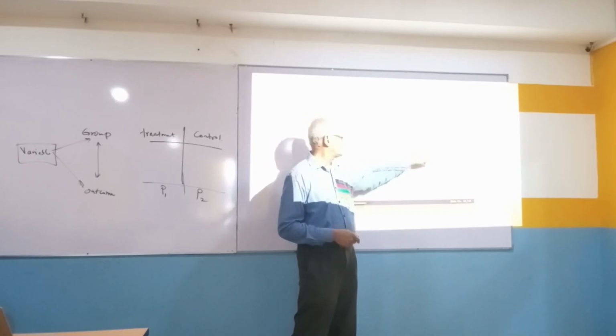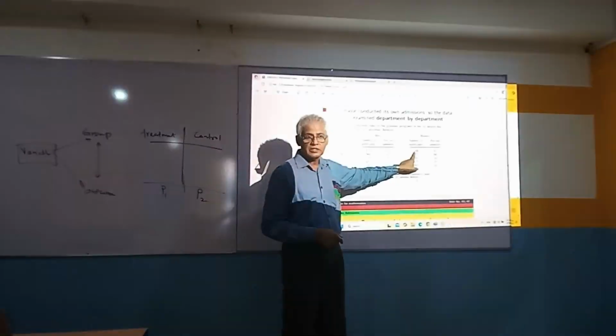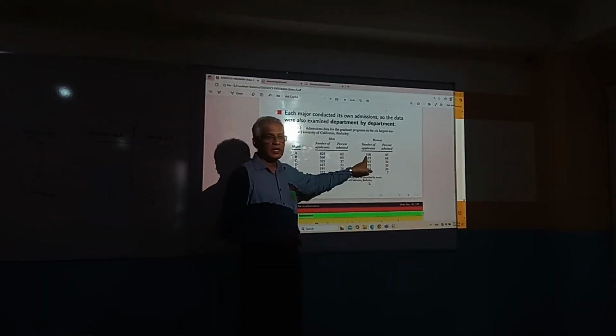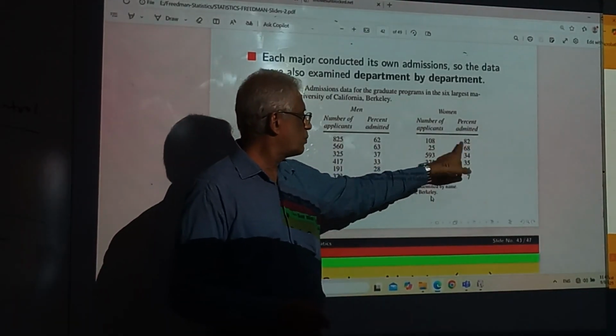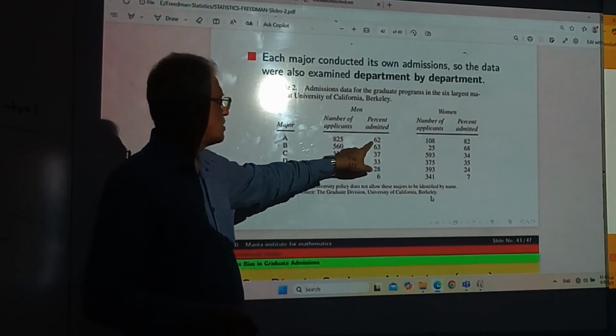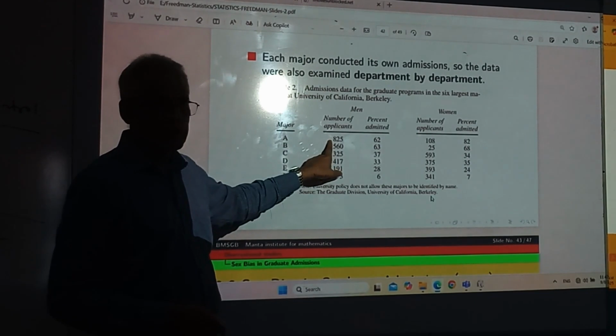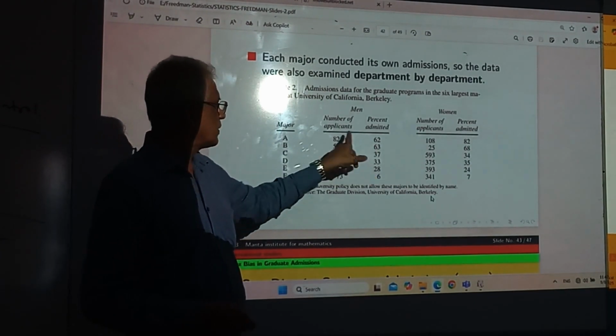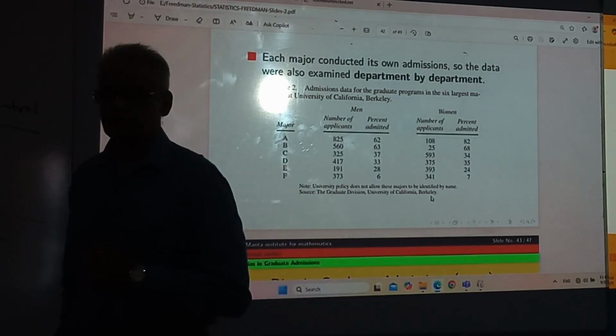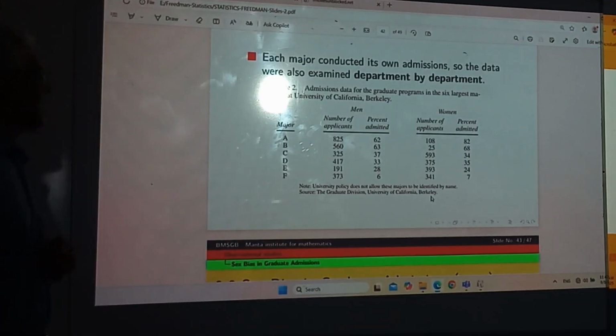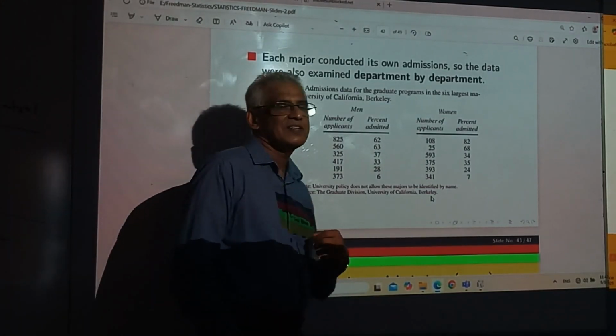This is 82% out of 108. This is 68% out of 25. This is 62% out of 825 people. 63% out of 560 people. So what has happened here actually?